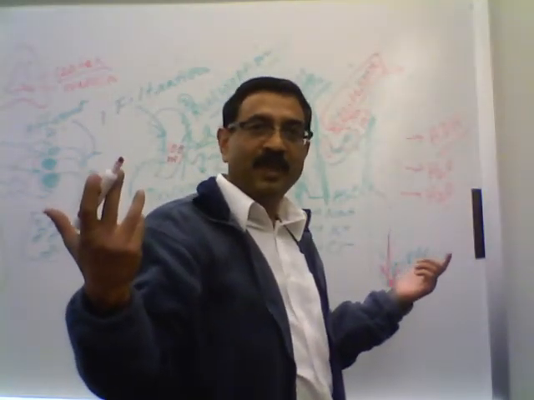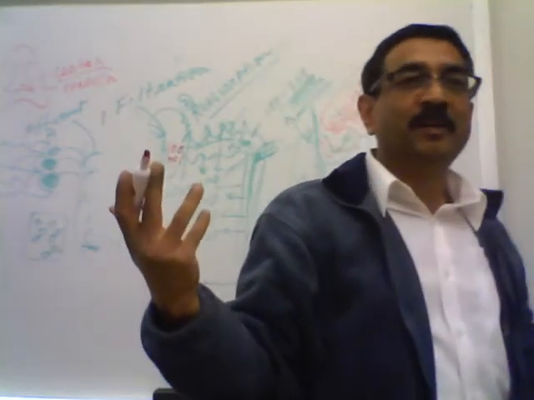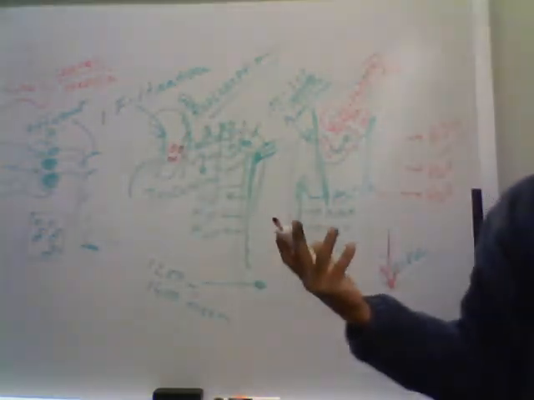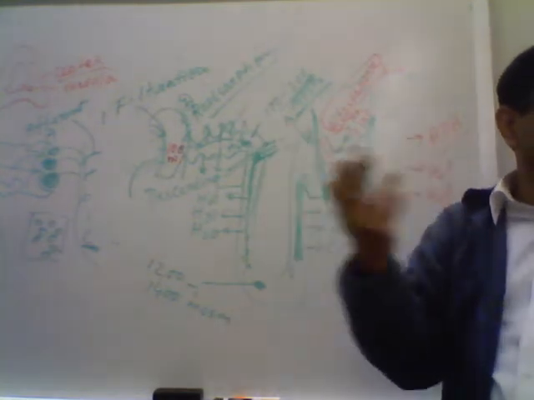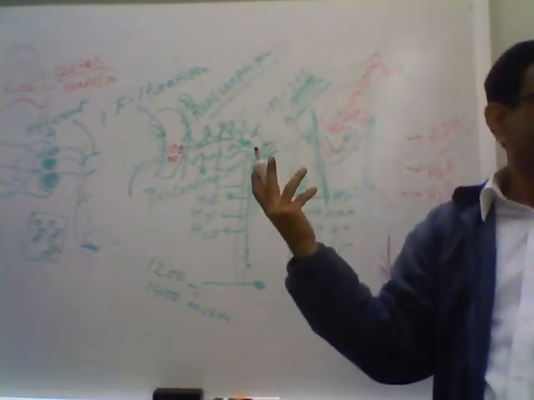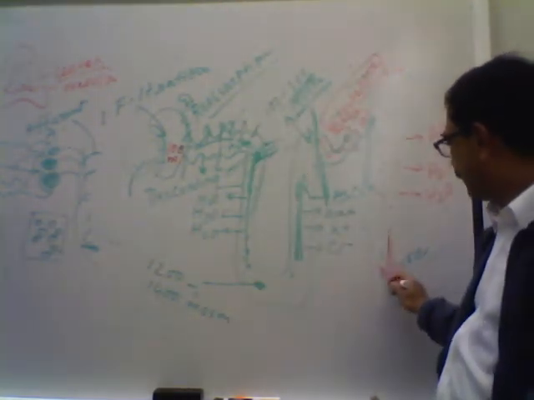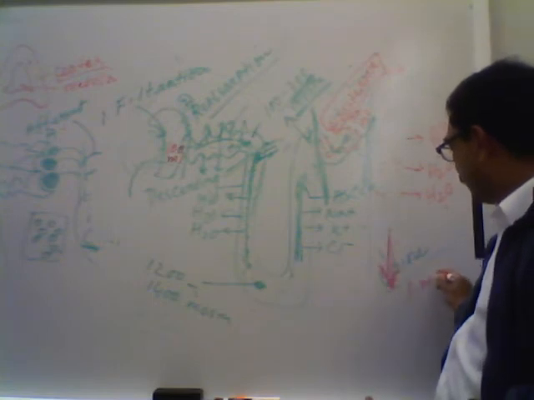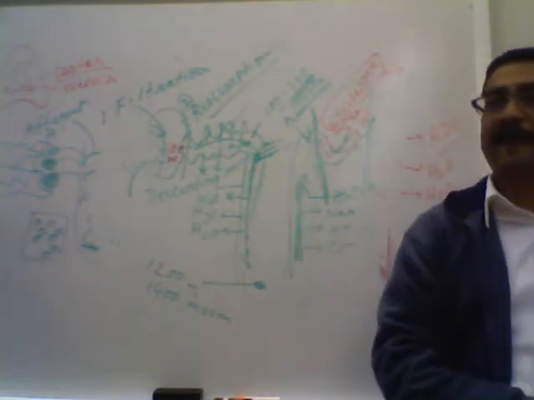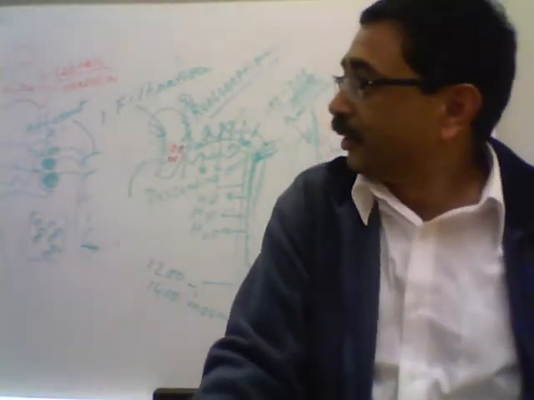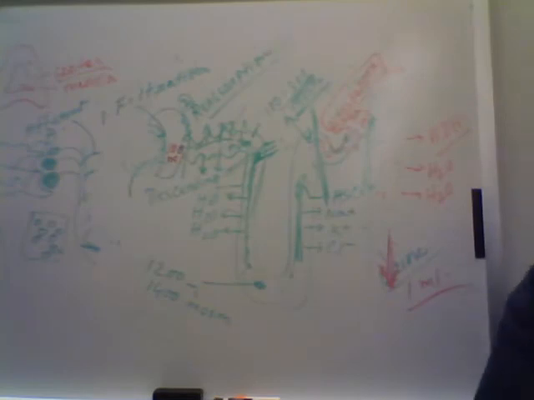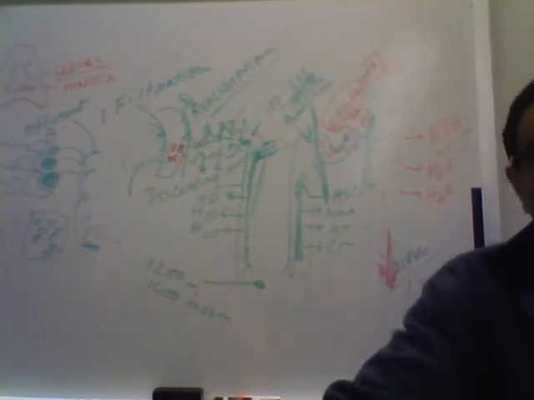So how much will remain? 1 milliliter. Make sense? So that's how the urine is formed. 99% is taken back into the body and 1% becomes urine. So here will be 1 milliliter. Okay. Finally, that's what happens in the nephron.